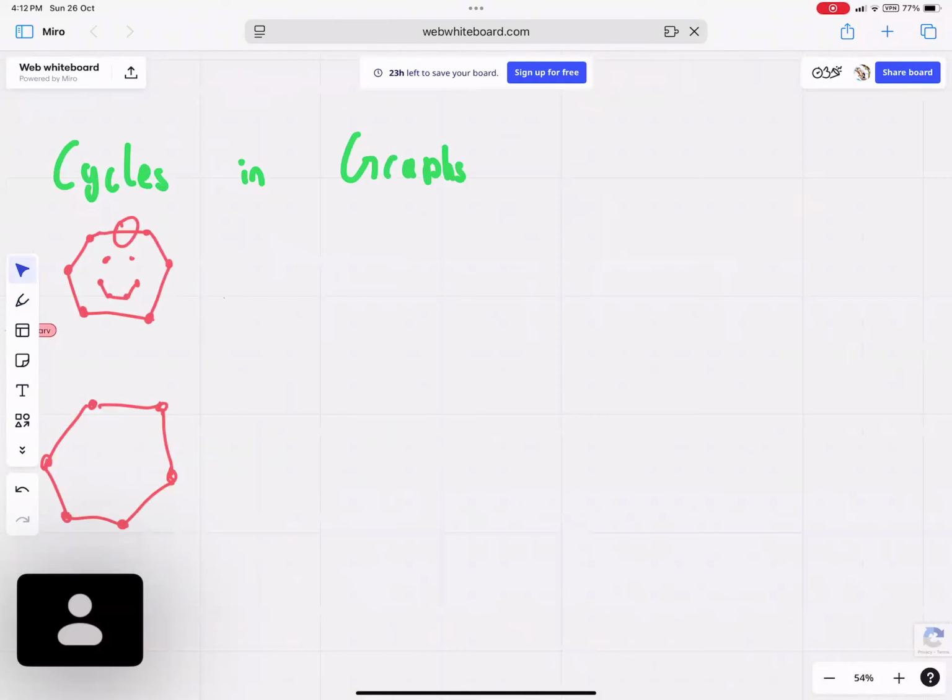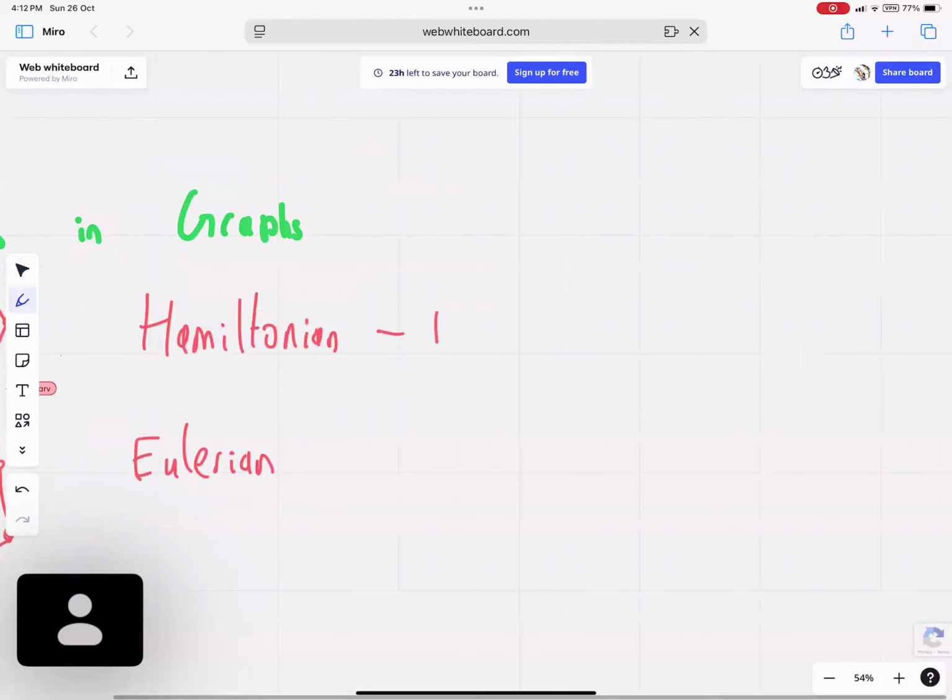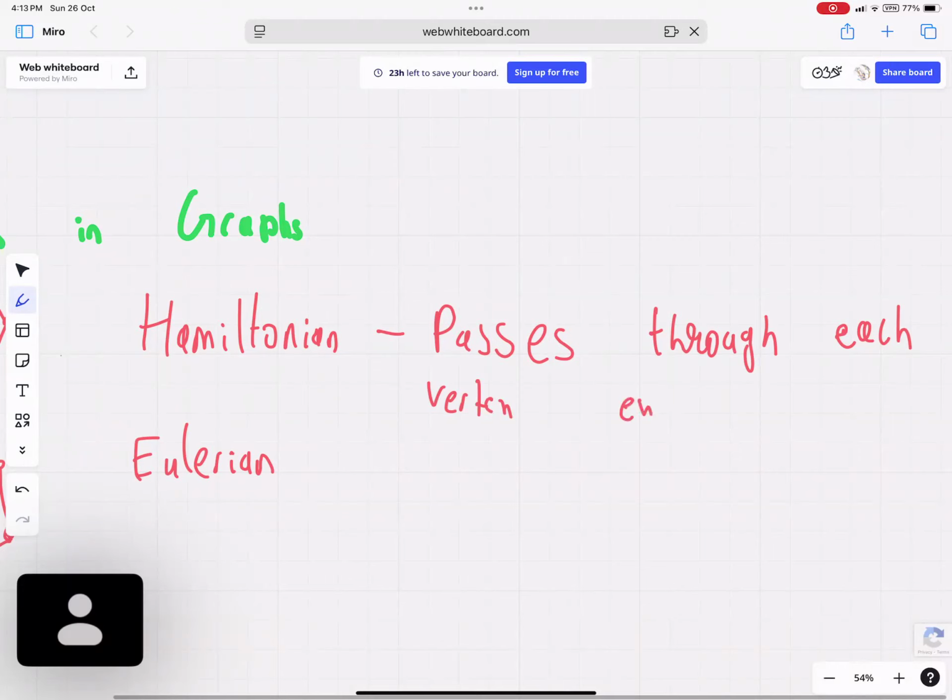So there are two types of cycles that are nice: Hamiltonian and Eulerian. Hamiltonian passes through each vertex exactly once, and Eulerian passes through each edge exactly once.